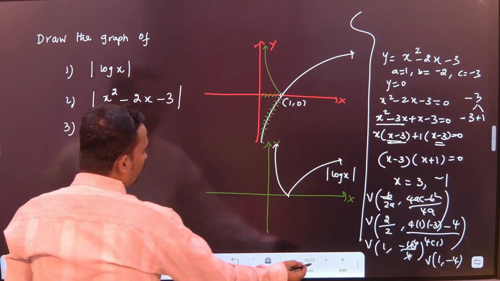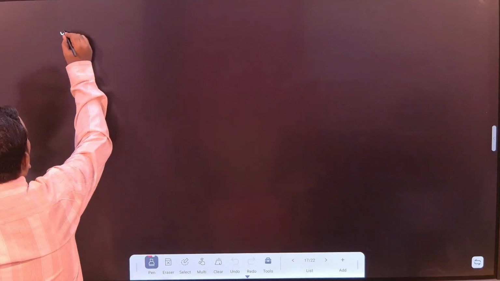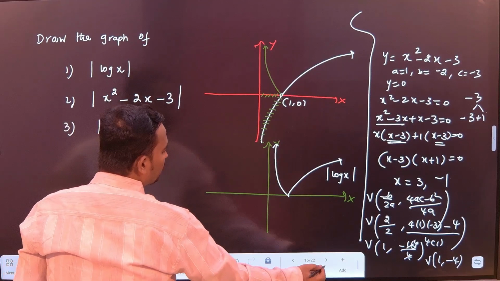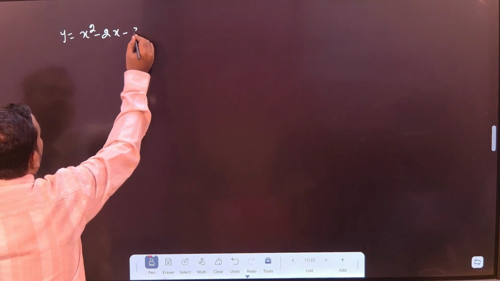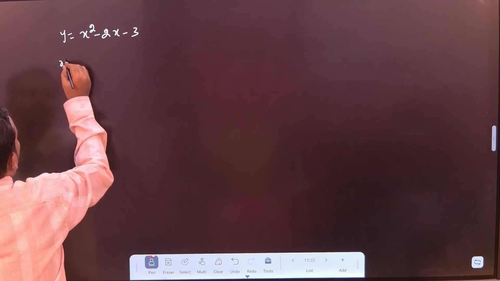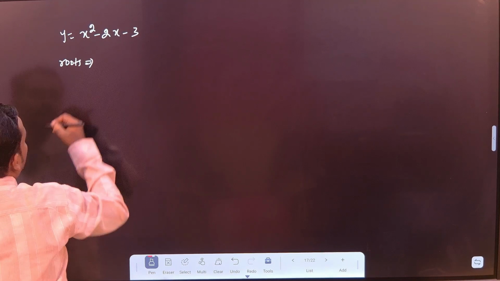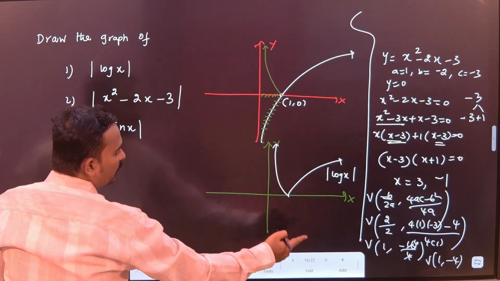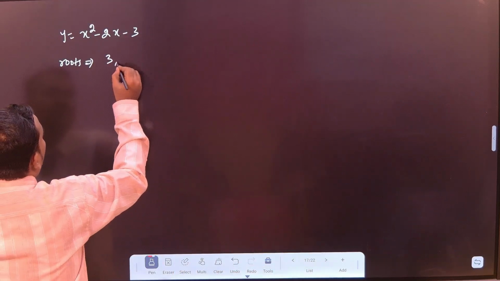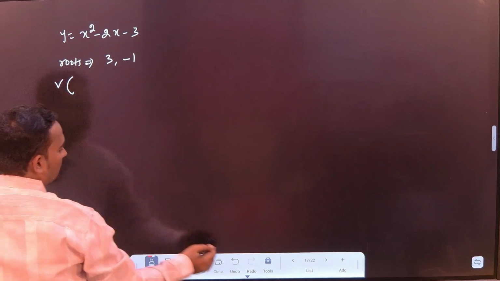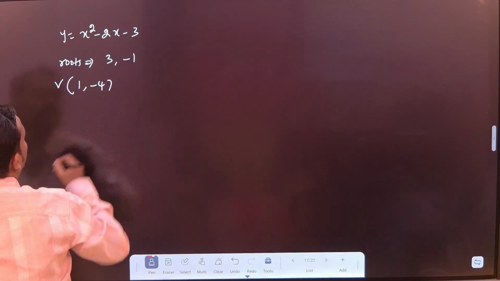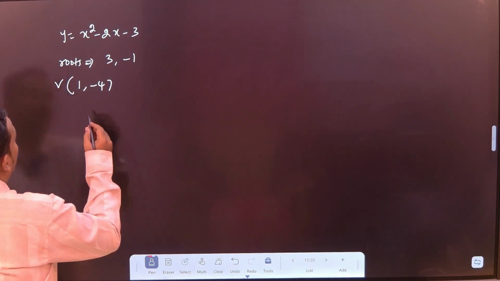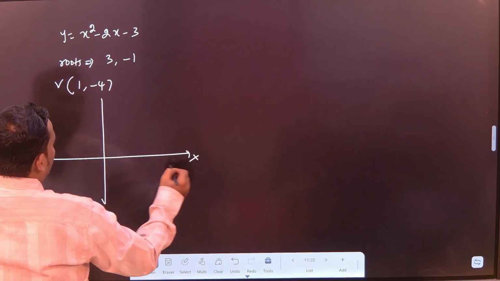Then how to draw the graph of this? So y is equal to x square minus 2x minus 3. The roots are 3 and minus 1. The vertex is (1, minus 4). Clear? Okay, draw the graph of this quickly.